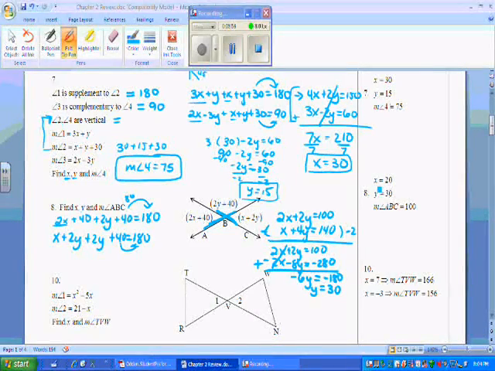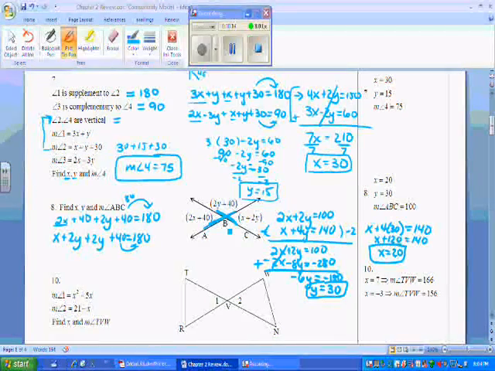Plug it back in. So we got x plus 4 times 30 equals 140. Simplify it. This is 120. So x equals 20. We got x now. We had y. And we need ABC.